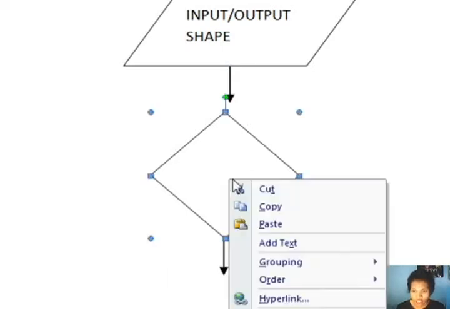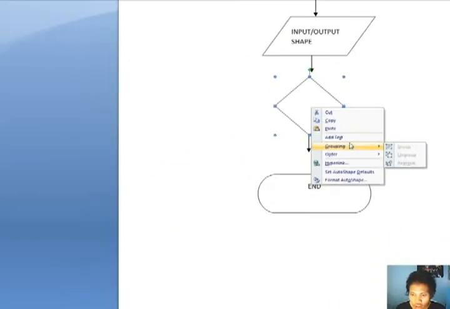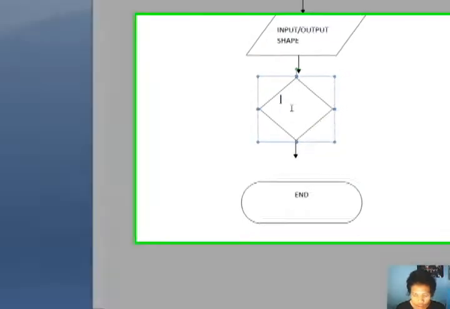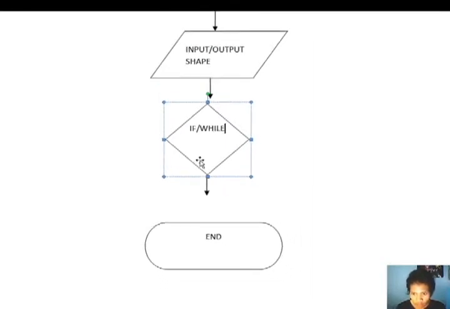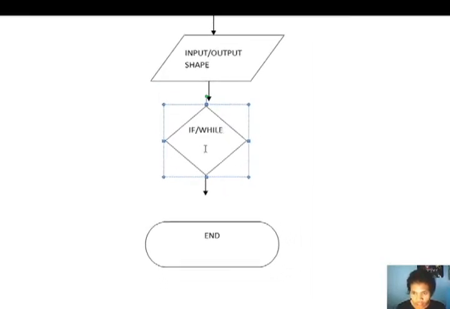This diamond consists of a condition or comparison. It could be if or while. Then it is followed by a condition.